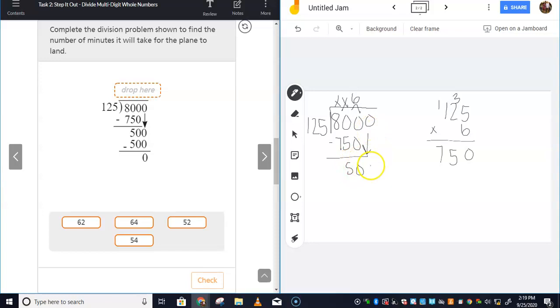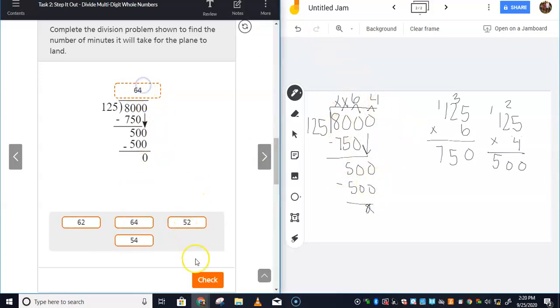We bring down the 0. 125 times 5 will not work there. Let's try a 4. 5 times 4 is 20. 4 times 2 is 8, plus 2 is 10. 4, 5. So we're going to put a 4 up here because 4 times 125 is 500. And our answer that we get right up here is 64.